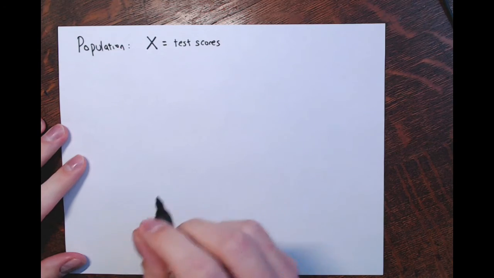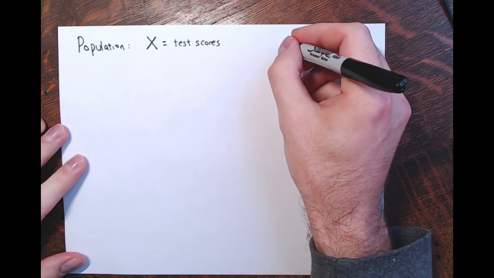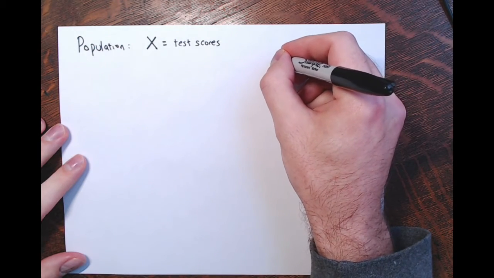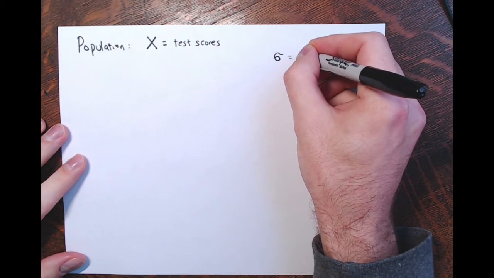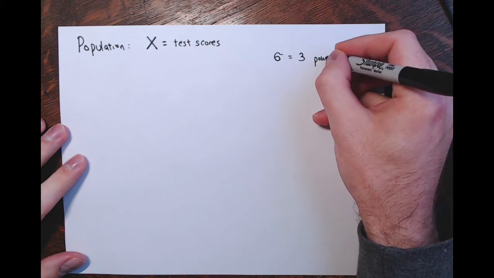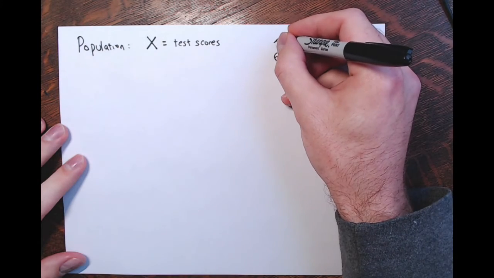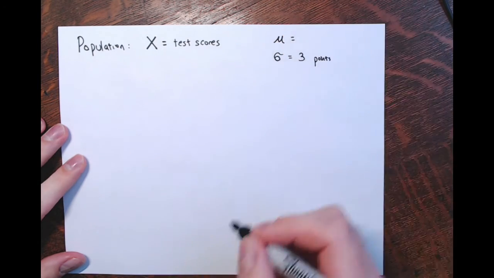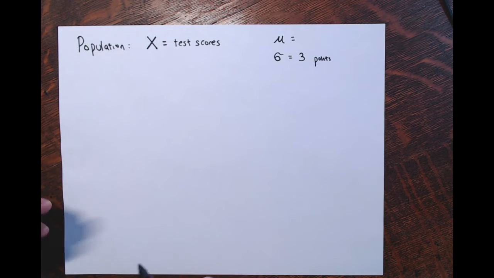Now we're told that the population's standard deviation is 3 points. What we don't know is the population mean. We don't know mu, the average test score for the entire population.